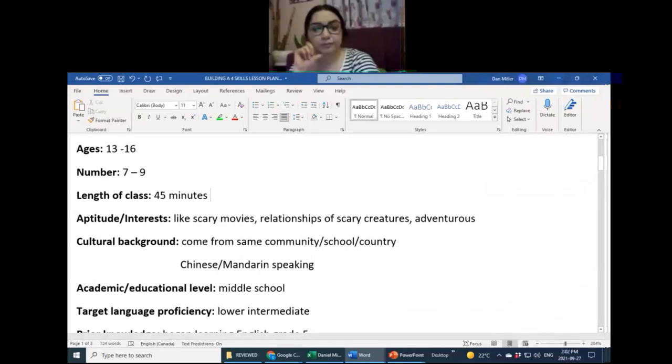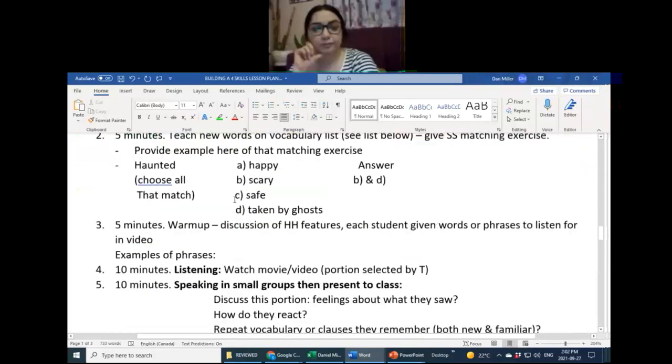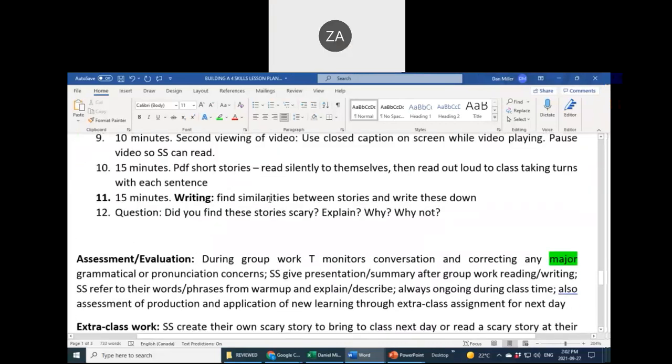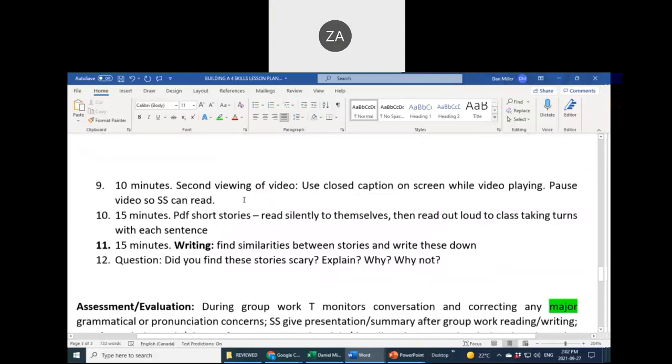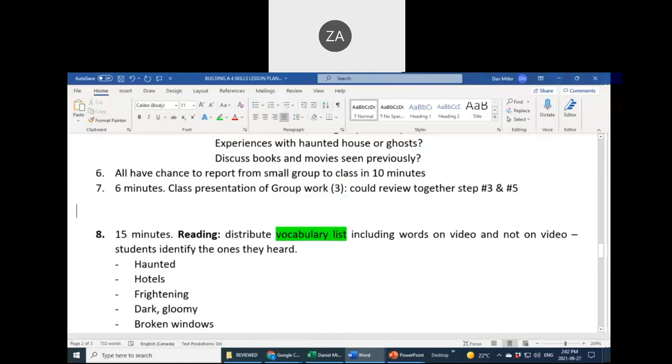So I would type that. You divide it into two sessions. So the time allocation differs for each skill.